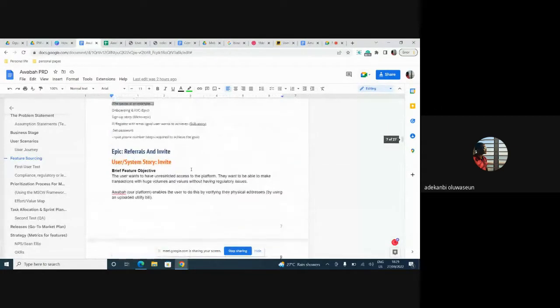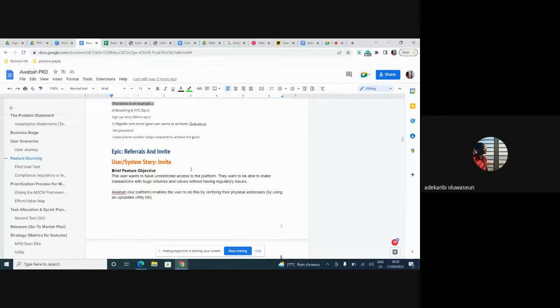Now, quickly, you have epics and you have the stories. Epics are a high level definition. Under the epic, you are classifying them, for example, under onboarding. The onboarding epic would include login, sign up, KYC verification. That's an epic.